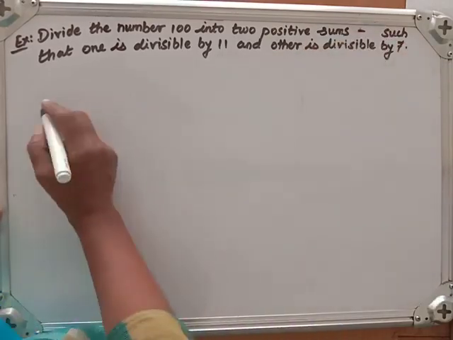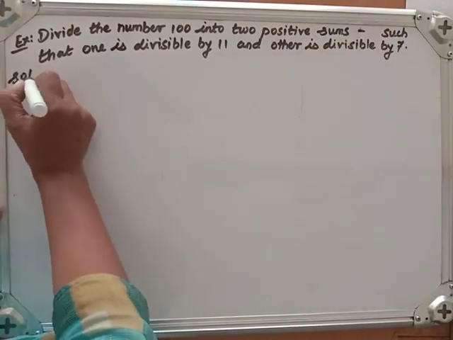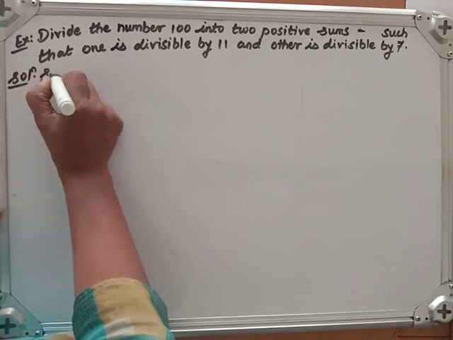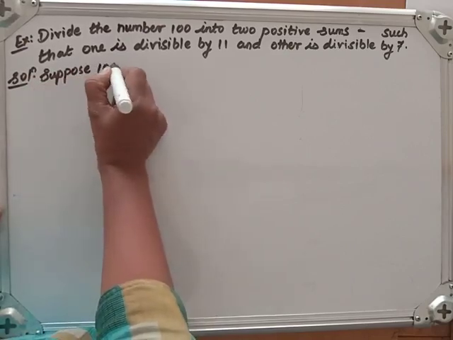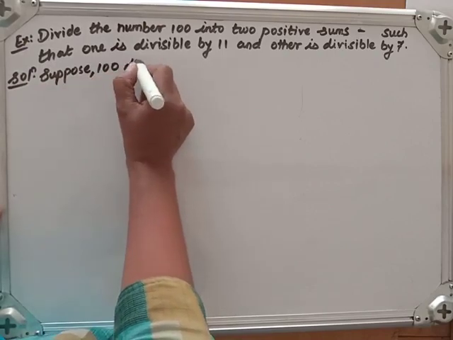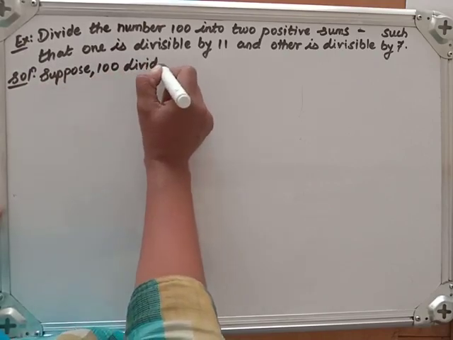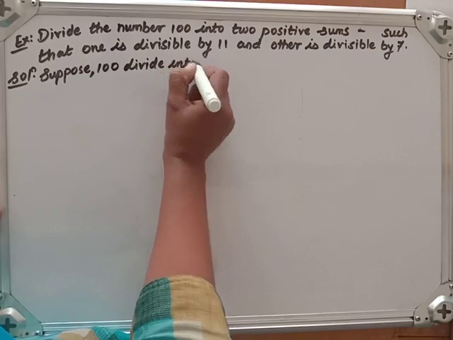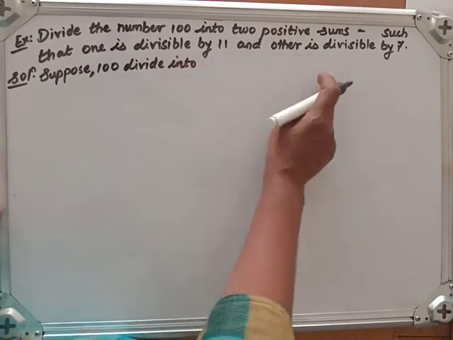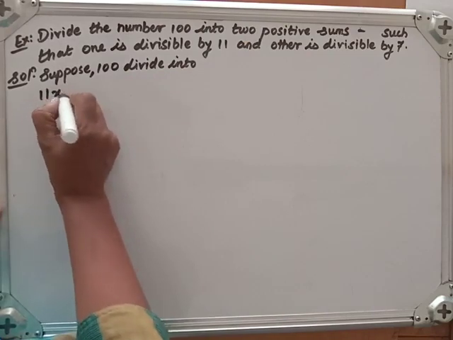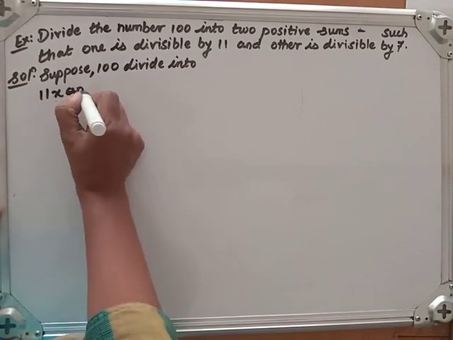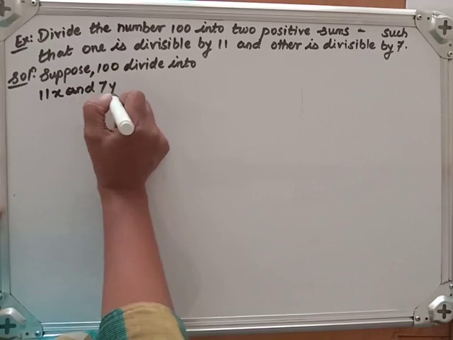Okay, now solution. Suppose 100 is divided into two parts. Now one is divisible by 11, other is divisible by 7. So suppose 100 divides into 11x and 7y.